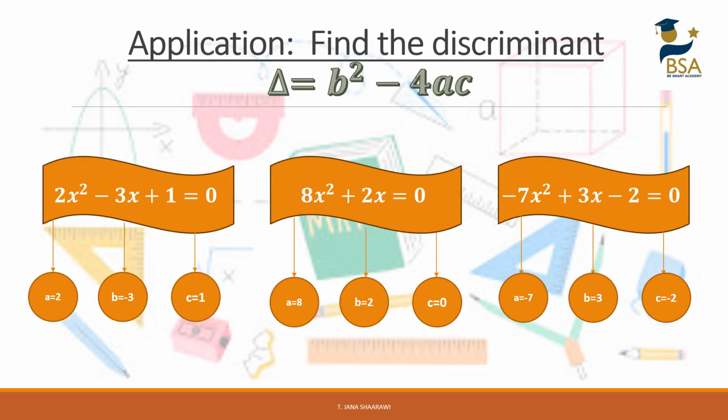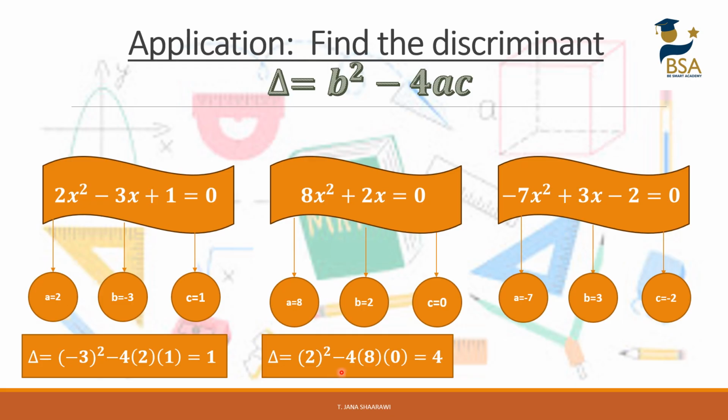The first equation, delta equal b squared minus 4ac. So delta equal b squared, which is minus 3 squared, minus 4ac, minus 4 times 2 times 1. The answer is 1. So the discriminant of the first equation is equal to 1. Now the second equation, delta equal b squared minus 4ac.